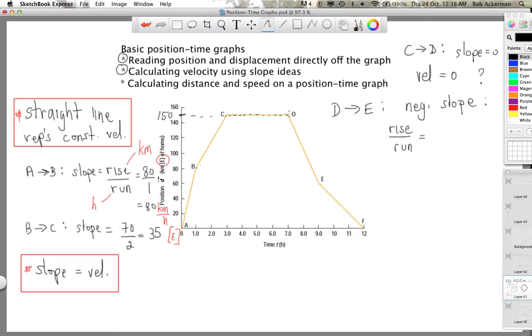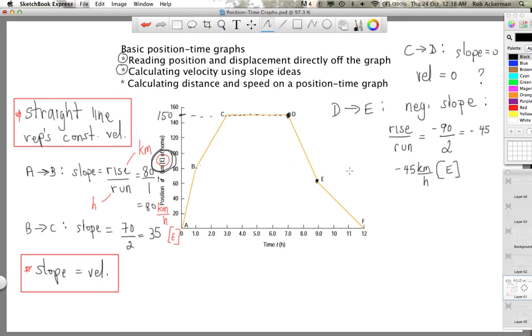In fact, we started off at 150, we went down to 60. That's a rise of negative 90. The run is from 7 to 9, that's 2. So we have a negative 45 slope, which means negative 45 kilometers per hour in, once again, the east direction.